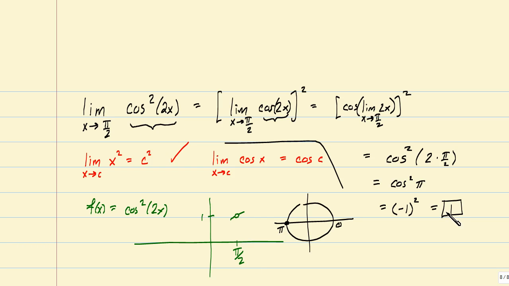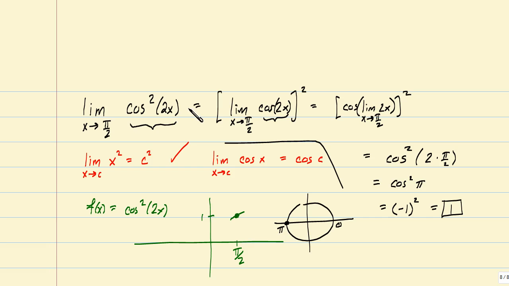Remember, the limit being 1 tells us nothing about the value of the function here. But knowing that we can plug this into the original function, into this function here, and also get 1, suggests that we can draw this with one continuous stroke. That this point is a point of continuity.